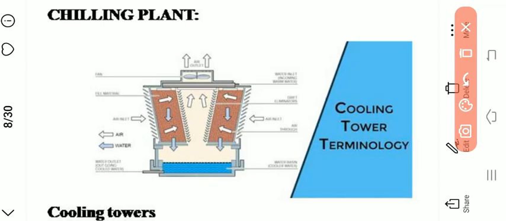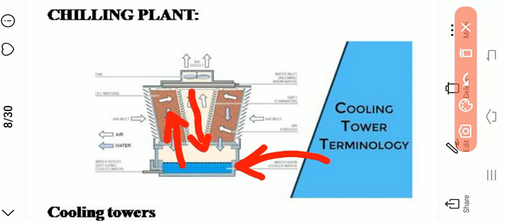The pressure nozzle sprays the hot water onto the film fill. Actually, the water from the processing machine is sprayed on this film fill, which slows the water flow downwards. So it slows the water flow and it gives the maximum water surface for an effective water air contact.